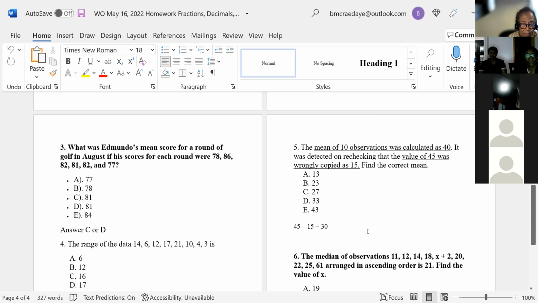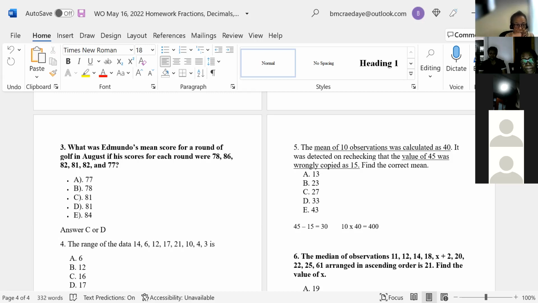So you're saying that we should add that 30 to what you get for the total. If the mean of 10 observations was calculated as 40, that means 10 times 40 equals 400.